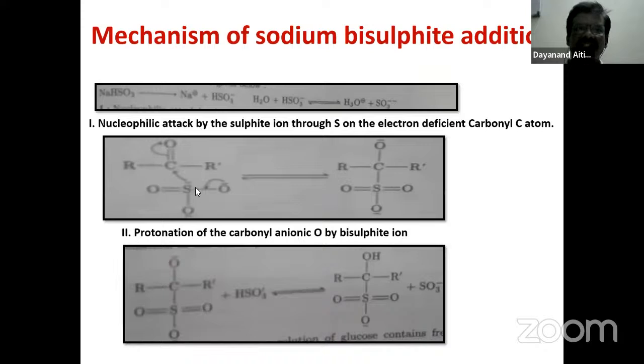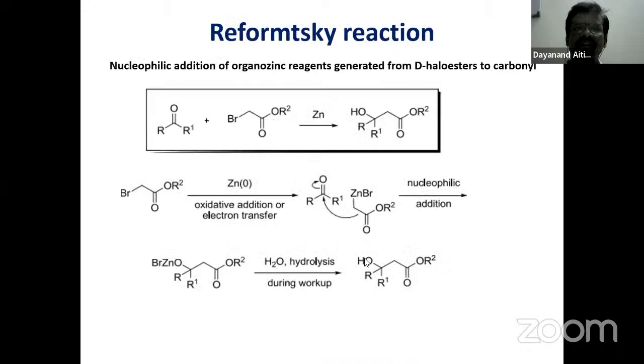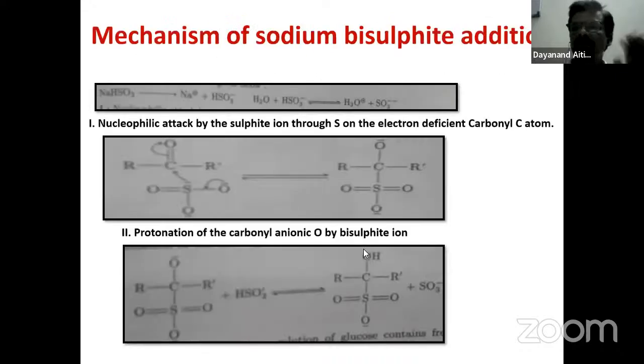See here, SO3 minus 2 is added in the first step, followed by protonation by HSO3 minus, which has a proton. One of the negative charges of SO3 minus is neutralized by sodium. These are simple reactions where we are adding only hydrogens, that is nucleophilic addition.